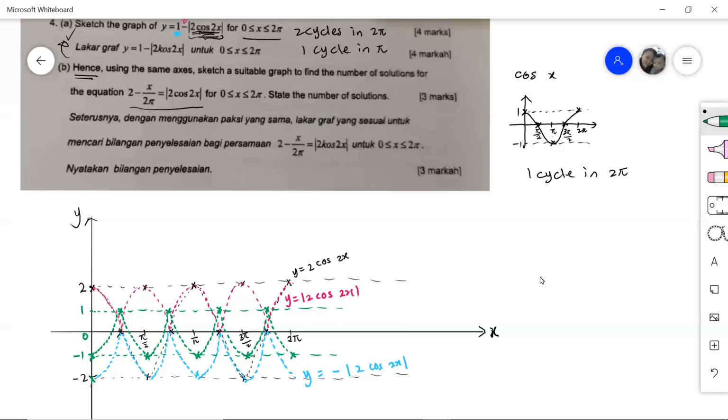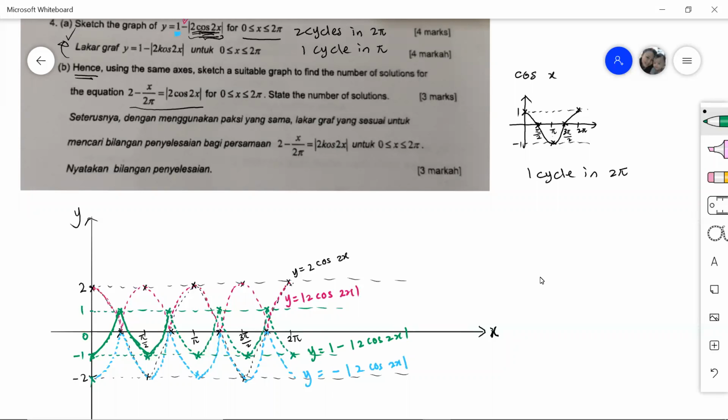So the green one will be y equals 1 minus modulus 2 cos 2x. This is the graph that we want, so let's draw with a solid line.